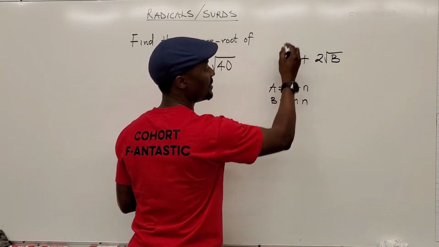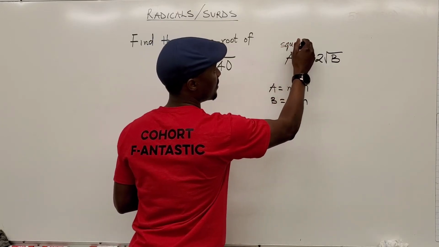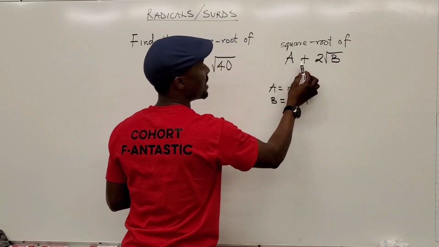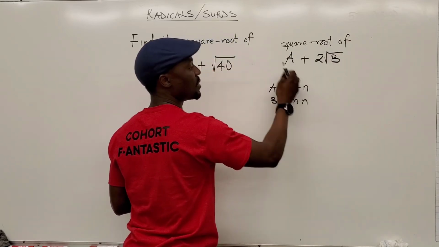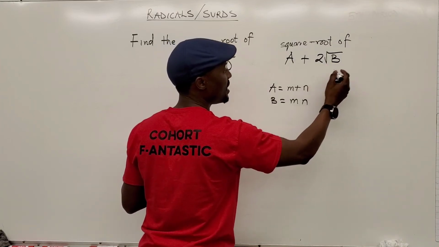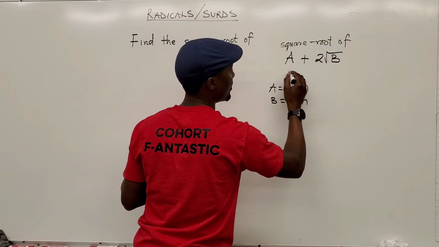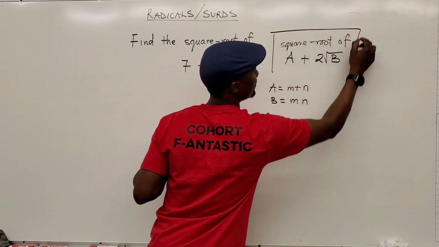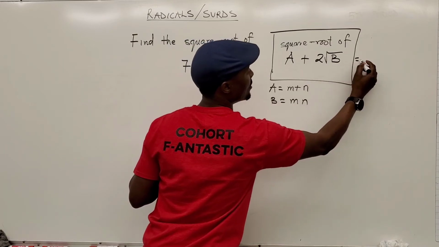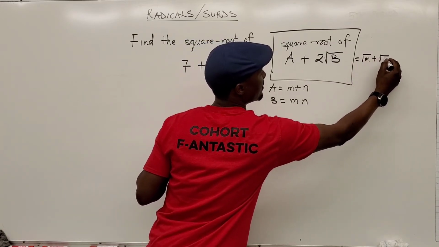If you were to find the square root of any expression written this way, where a is an integer and b is an integer, the square root of this will be equal to square root of m plus square root of n.